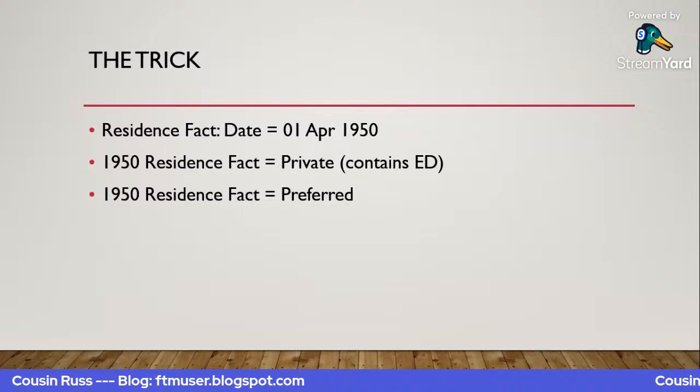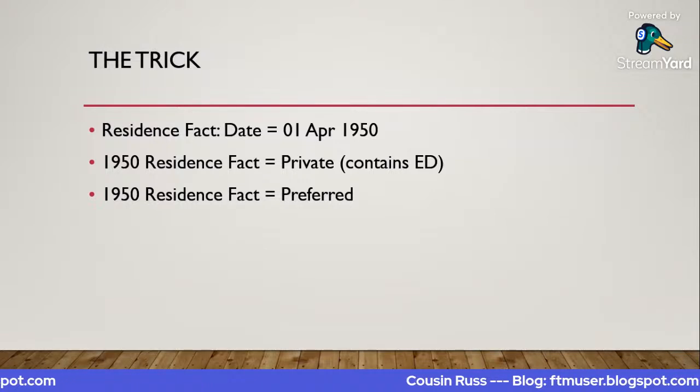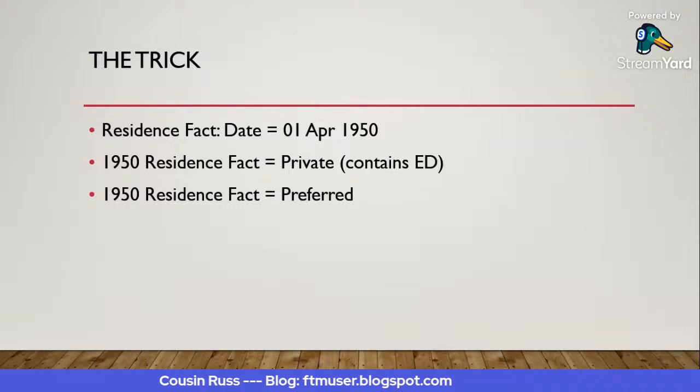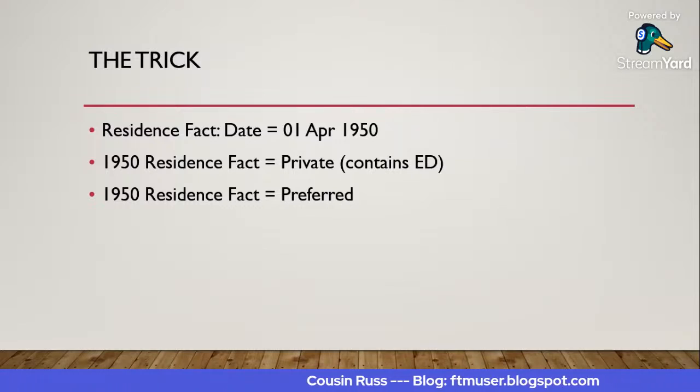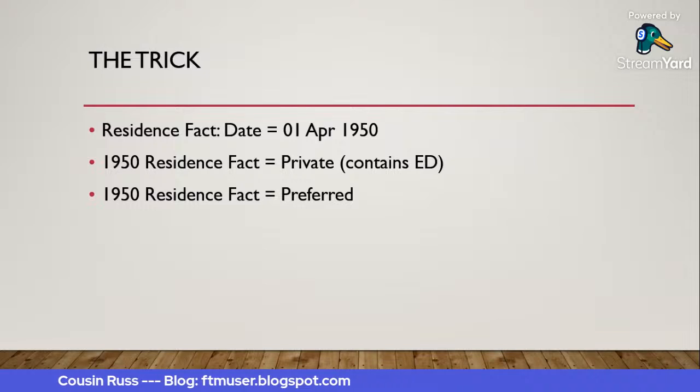Sometimes I will change that, but my rule is I start out with the most recent census record residence fact as the preferred fact. And knowing that, that's how I was able to create that report, because I was asking for all residence fact preferred only.